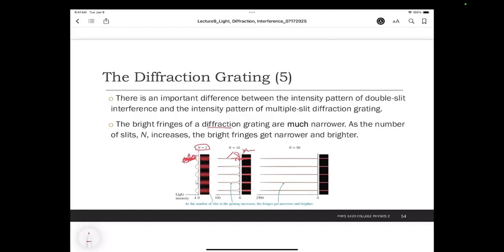They just add up at the specific wavelength, here, here, here. In other situations they will cancel with each other. So the fringes become narrower, but brighter. Does it make sense to you? So this is for the diffraction grating.